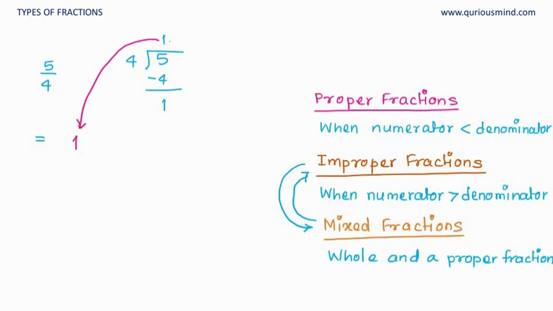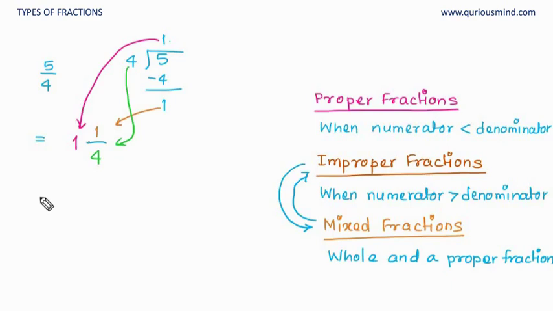Then we write this remainder here in the numerator. And we write the divisor in the denominator. So 1, which is the quotient, goes as the whole. 1 here, which is the remainder, goes as the numerator, and the divisor goes as the denominator, or the denominator stays the same.